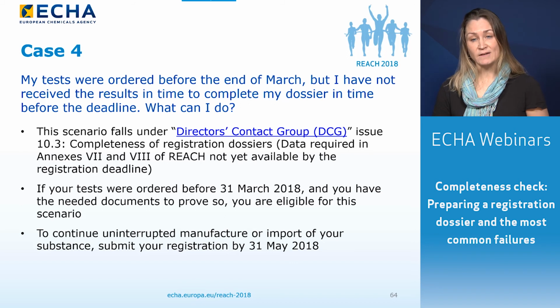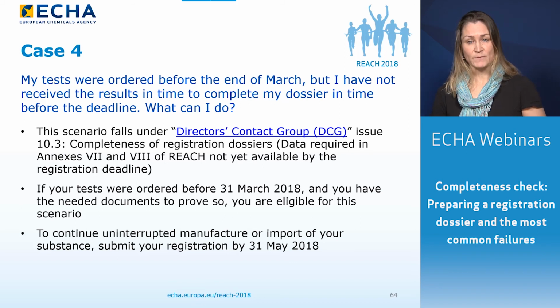ECHA has reactivated the Directors' Contact Group, or DCG, for the 2018 REACH registration deadline for 4 separate solutions. This case falls under DCG issue number 10.3, Completeness of Registration Dossiers. In this scenario, the data required in Annexes 7 and 8 of REACH is not yet available by the registration deadline.